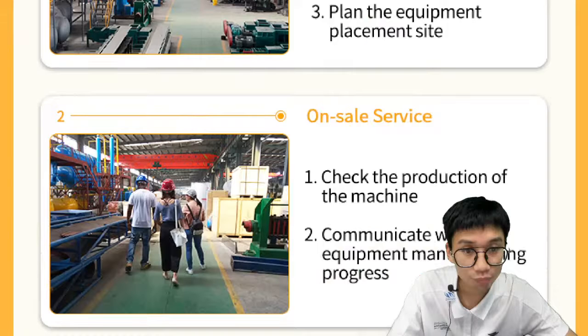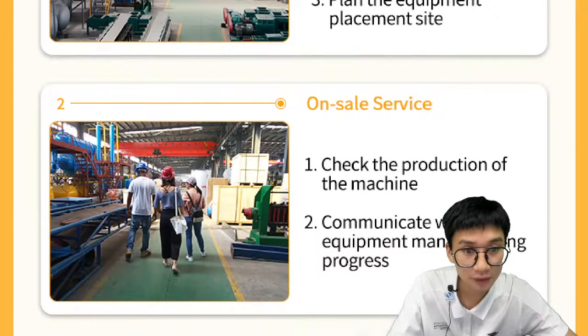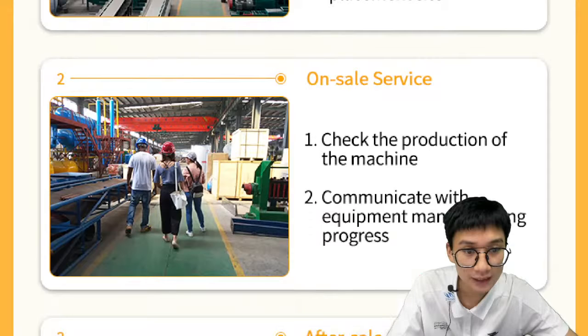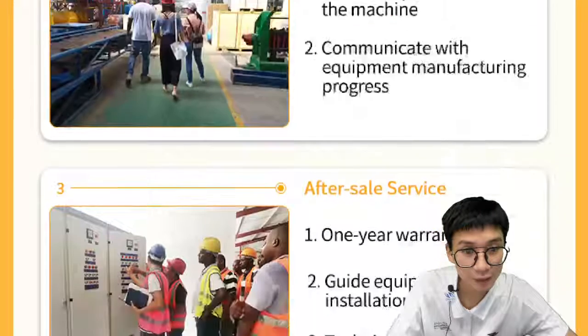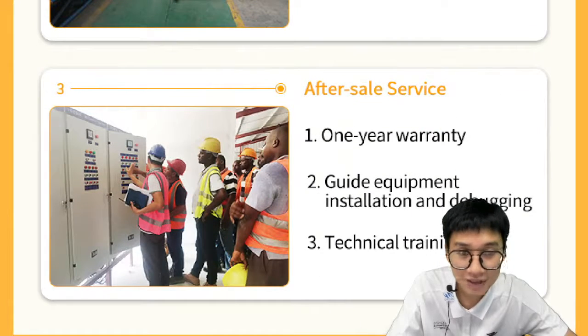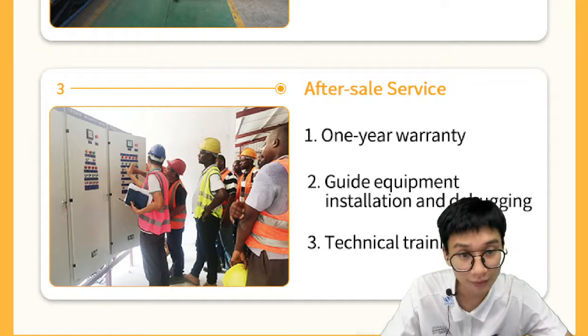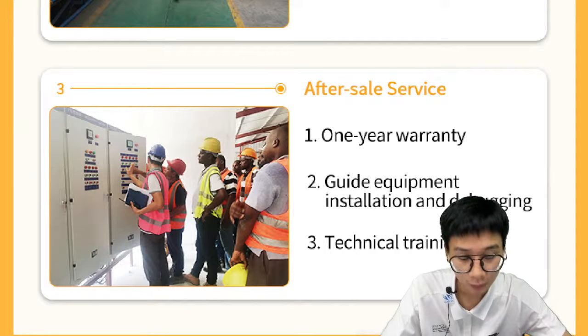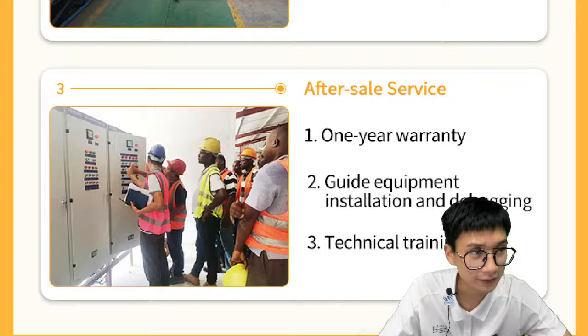And then we can also help you check the production of the machine, communicate with the equipment manufacturing progress, and after sales, which I know so many people want to know more about. First of all, we have a 1 year warranty, which means in this year, if anything happens with the equipment, you can contact us and we will give you feedback in 24 hours.